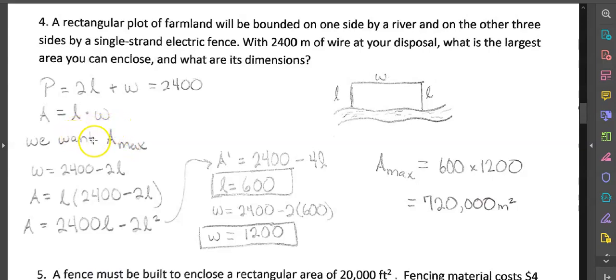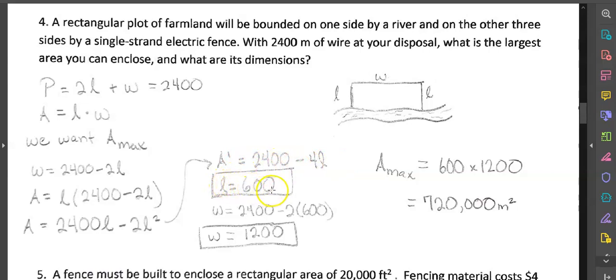So we solve the first equation, where we were given a perimeter, for W so that we can get our area equation in terms of only one variable. So W will equal 2,400 minus 2L. And then we substitute that into the area equation. So we substitute 2,400 minus 2L for W. And then we simplify, and then we look for our critical number.